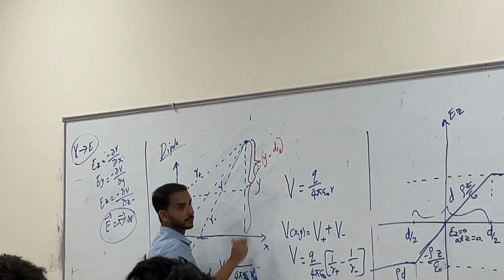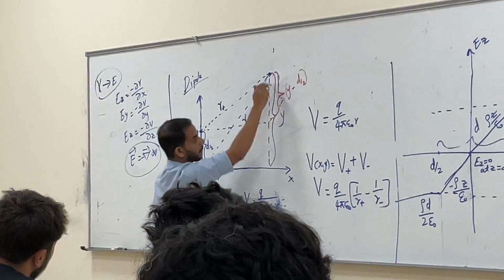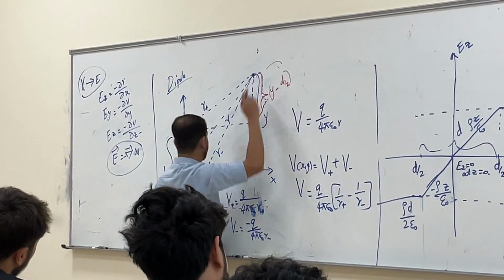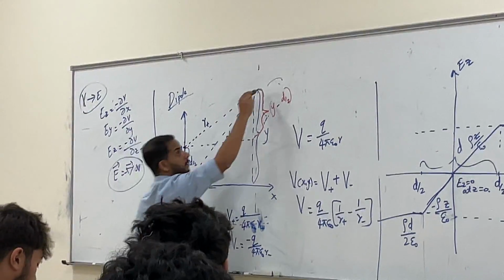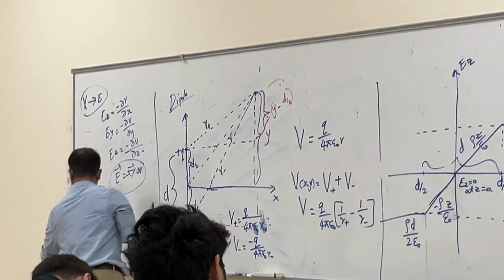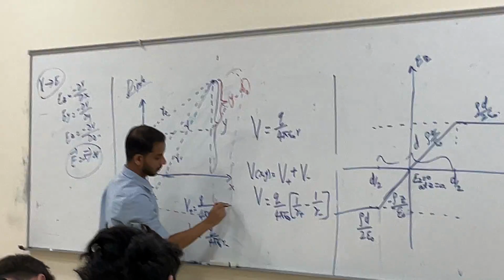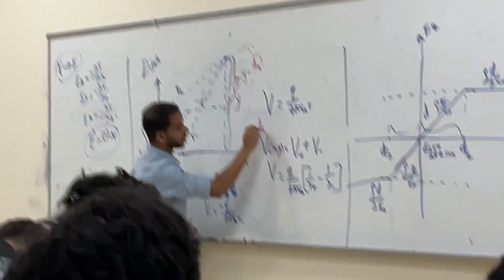And this one is the root of y minus d over 2 squared plus the other side squared, with y plus d over 2 for the other charge.